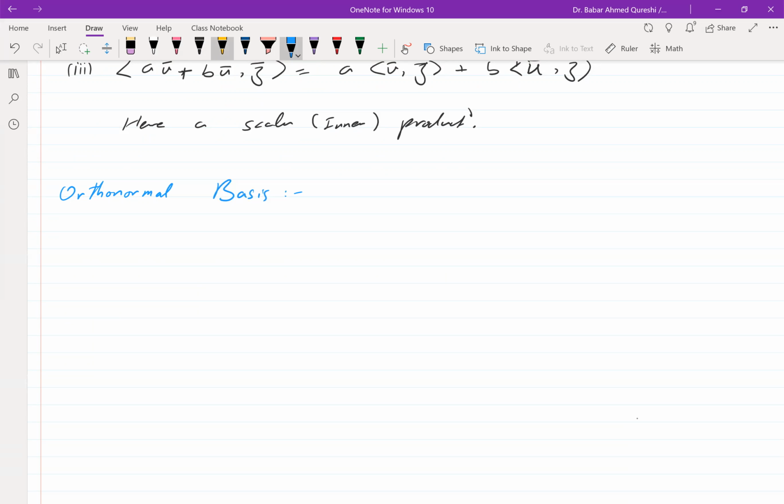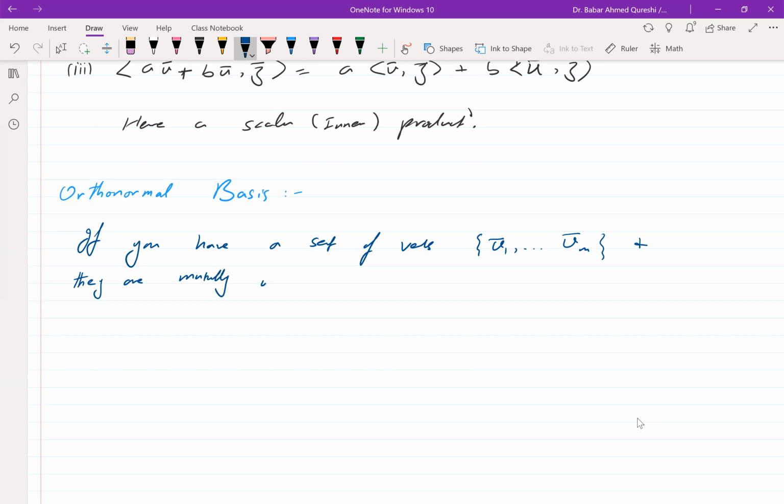Let's start from here, that if you have a set of m vectors, and they are all mutually orthogonal, that is, their inner product is mutually zero.